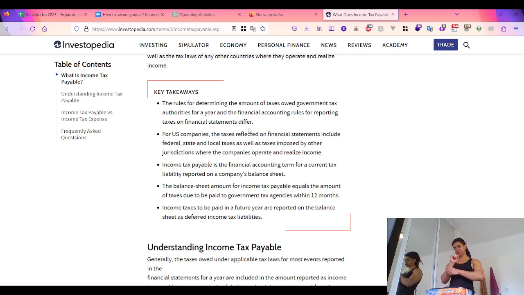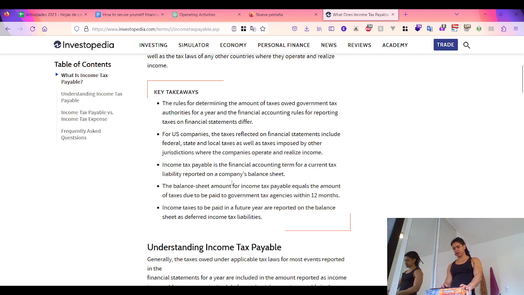Income tax payable is the financial accounting term for a current tax liability reported on the company balance sheet. It is the amount of tax you owe to the tax authority, the IRS.